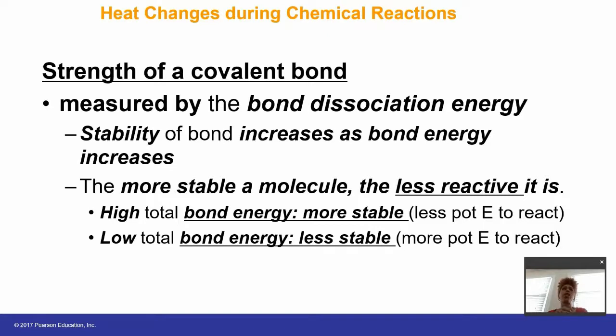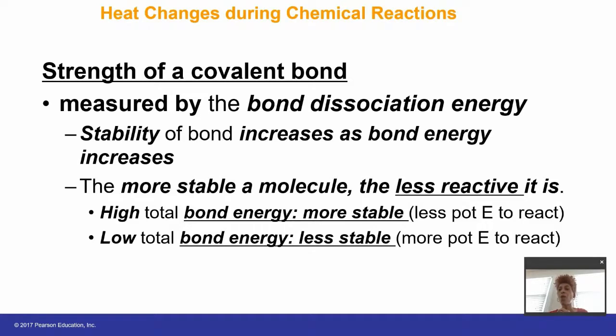If we consider that a covalent bond is a pair of shared electrons, do you think that you would require more energy to break a single, a double, or a triple bond? Which one of those do you think you'd have to add more energy to?